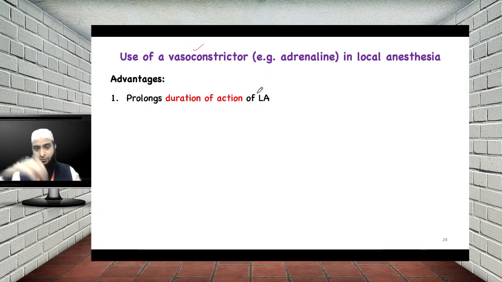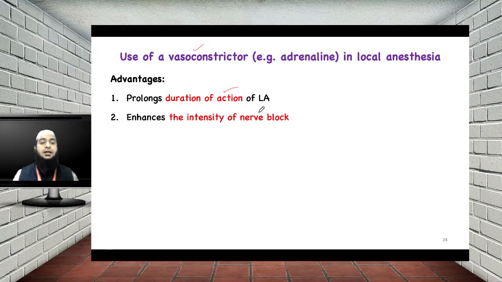It is not absorbed into systemic circulation, and it helps you to prolong the duration of action of the local anesthetics. So although you applied less drug, it remains there and it is going to produce its action. So this is the first advantage of using a vasoconstrictor. Second advantage is that it enhances the intensity of the nerve block.